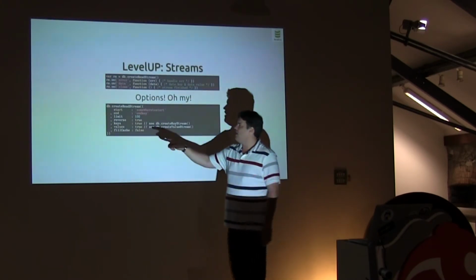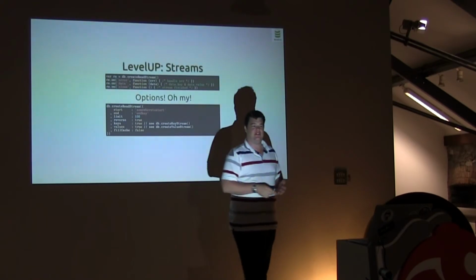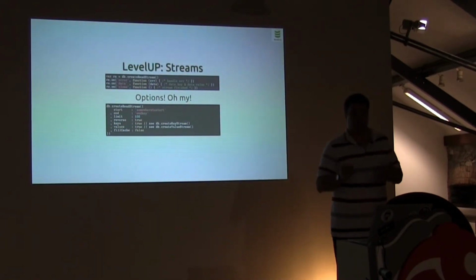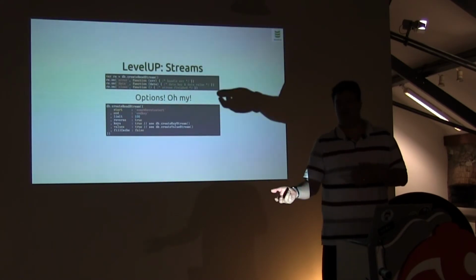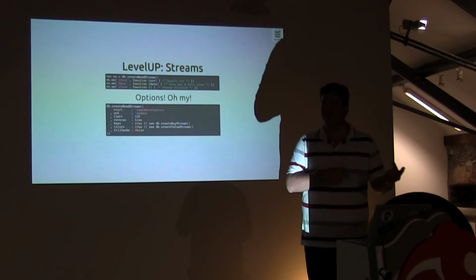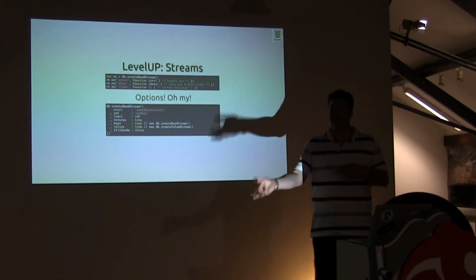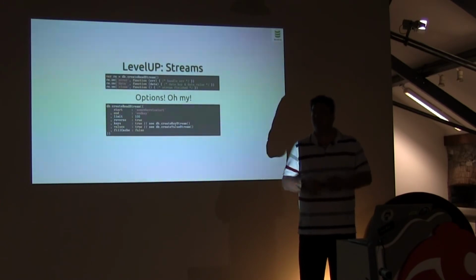You can say I want just the keys, or I want just the values. And the reason that's useful is because when you're dealing with asynchronous operations in Node, you have to copy the whole string to put it into V8. So when you're going from a native process into a V8 Node process, you have to make these copies.